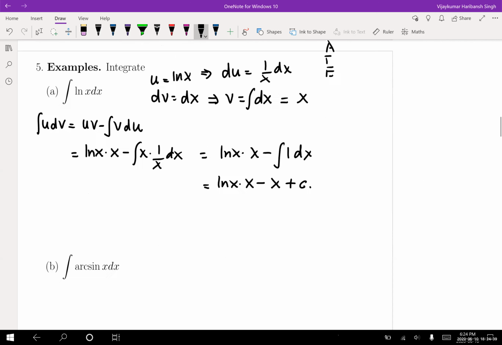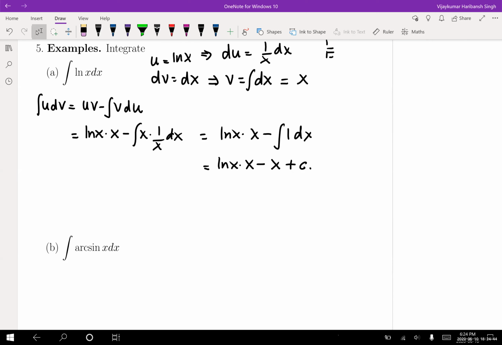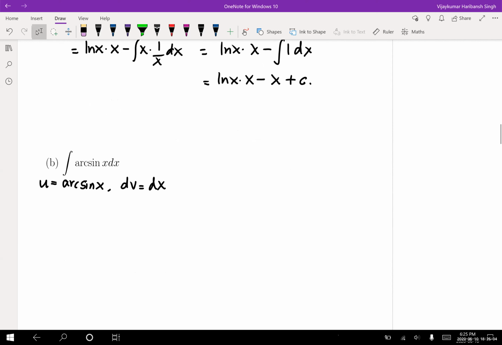Let's look at the next problem now: arcsin x dx. Again, your choice of u and v is going to be the following. u is going to be arcsin x, which is another way of writing sine inverse x, and your dv is going to be dx. So what is the formula for integration by parts? Integral of u dv is uv minus integral of v du.